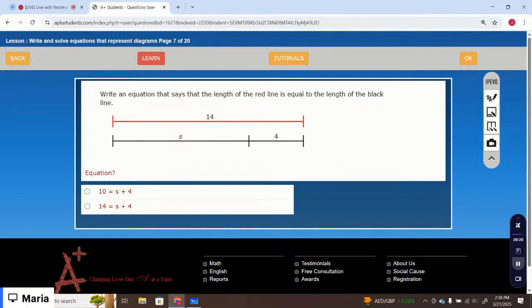The correct option is S plus 4 equals 14. Option number 2 is the correct option.